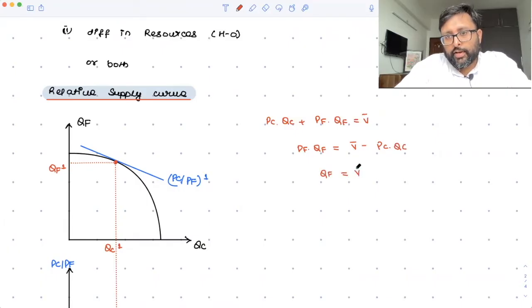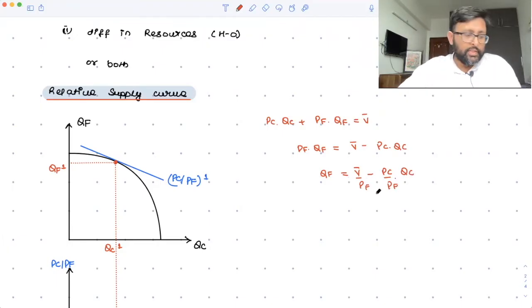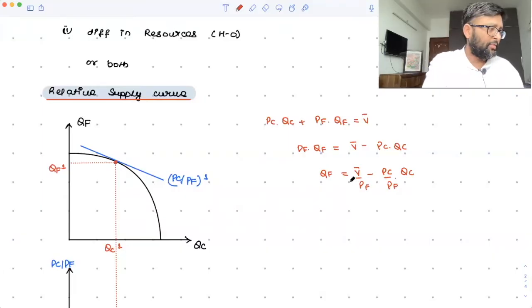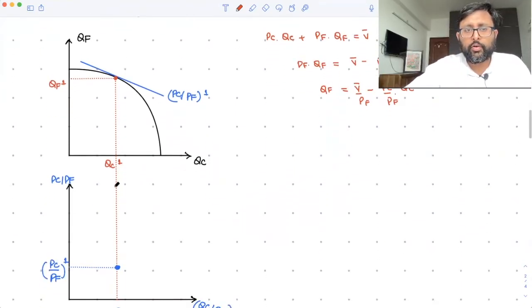I can write QF as V bar by PF minus PC by PF QC, right? So this is what my iso-value lines are. So this is what is going to be my iso-value line. And the economy is going to produce at the point where the iso-value line is tangential to the PPF. So it is tangential at this point, right?